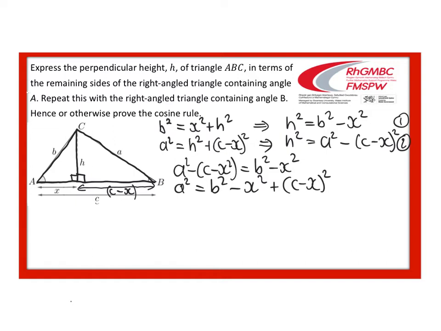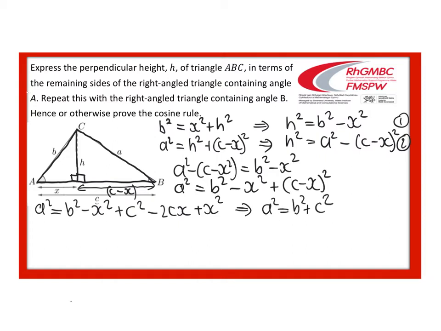So if I expand that, I get a squared equals b squared minus x squared plus c squared, and then minus 2cx and plus x squared. And this simplifies to give me a squared equals b squared plus c squared minus 2cx.